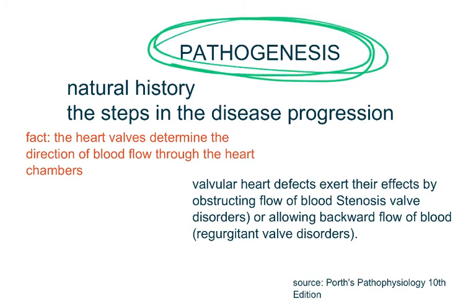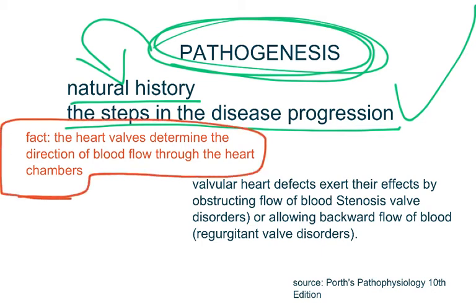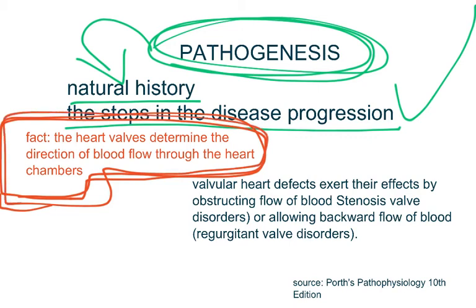Now we're looking at the pathogenesis. These are the steps in how the disease develops, the natural history, the steps, the progression of the disease. So we know that heart valves determine the direction of blood flow through the heart, and normally they flow in one direction. It's unidirectional.